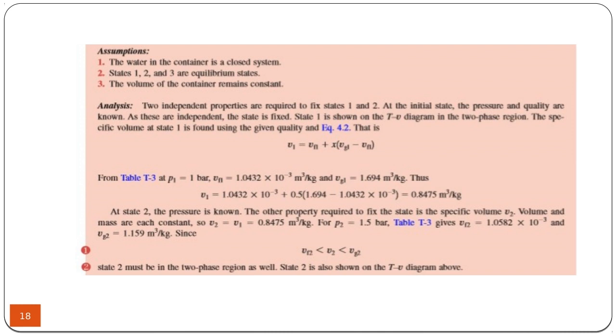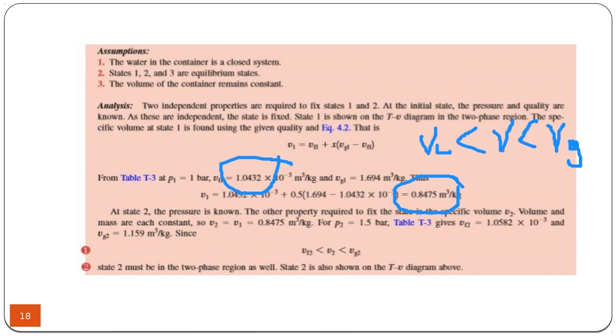So we can say that the liquid specific volume is less than the mixture specific volume, which is less than the gas specific volume. It's between the liquid and gas, and this is the calculated specific volume.